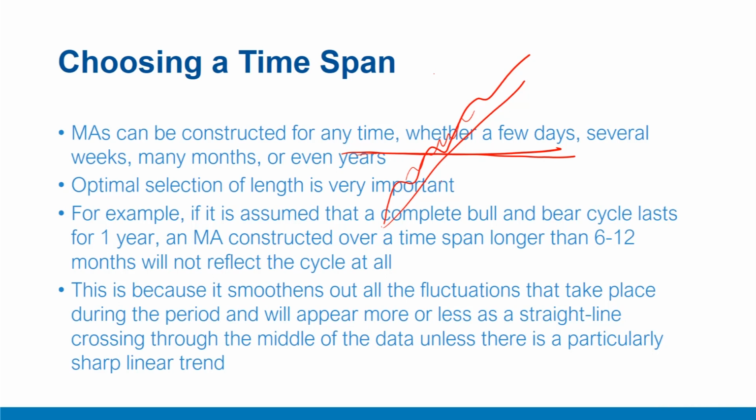The straight line will cross through almost the middle of the data, and unless there is a very sharp linear trend, it will broadly represent a straight line. So for example, over the period, if this kind of move happens, it will still represent a straight line. So no signal generation would be possible.